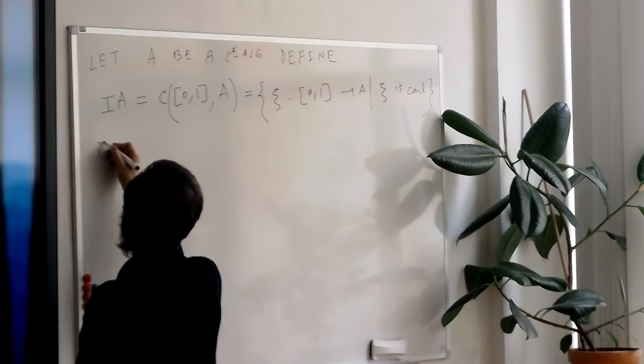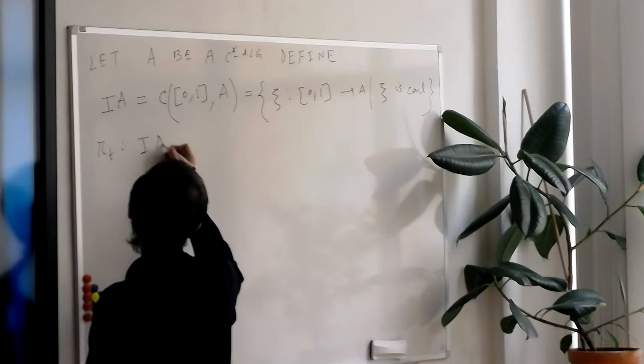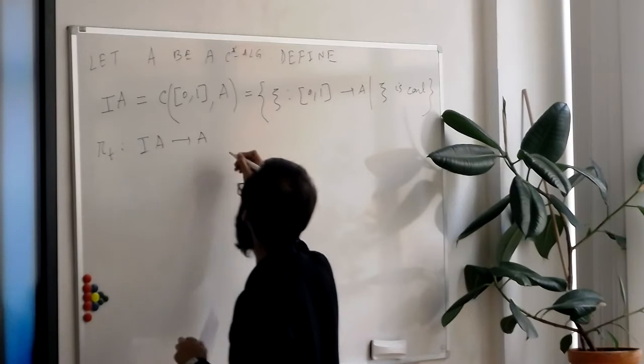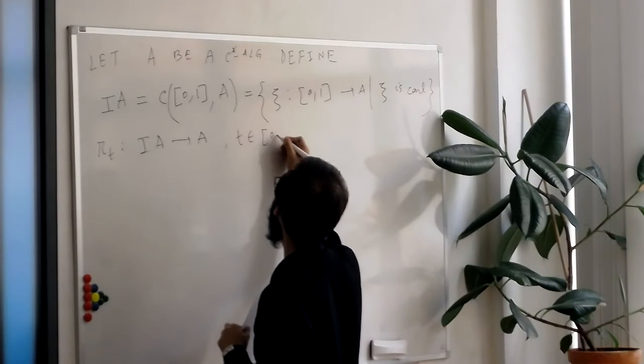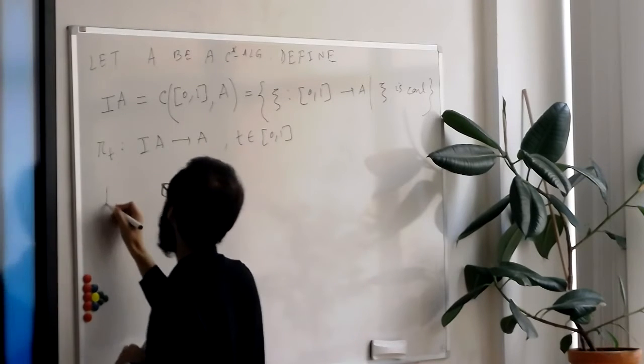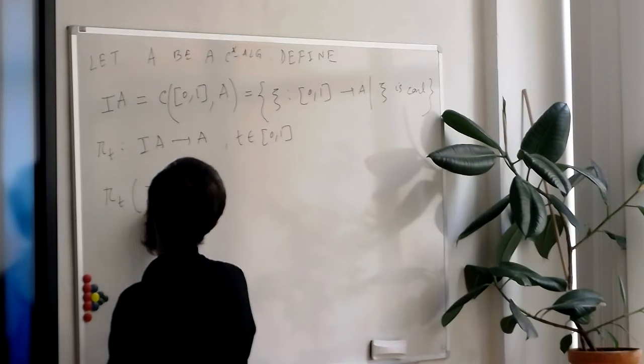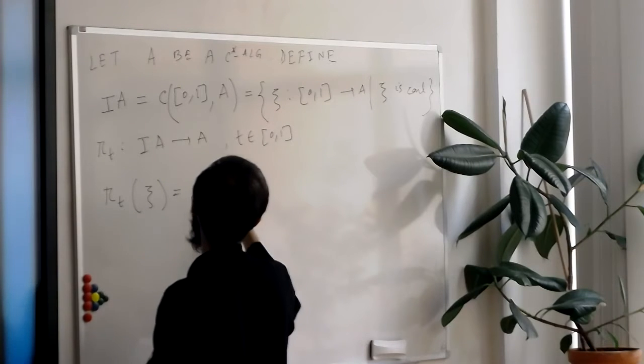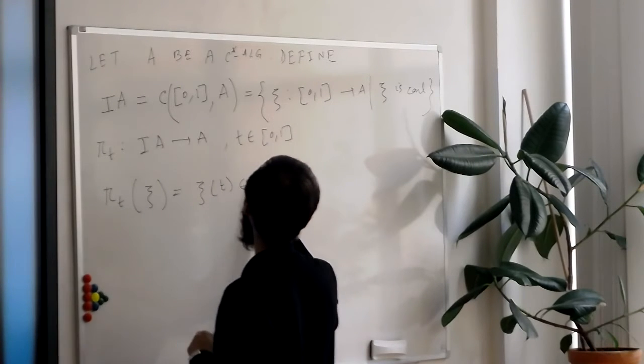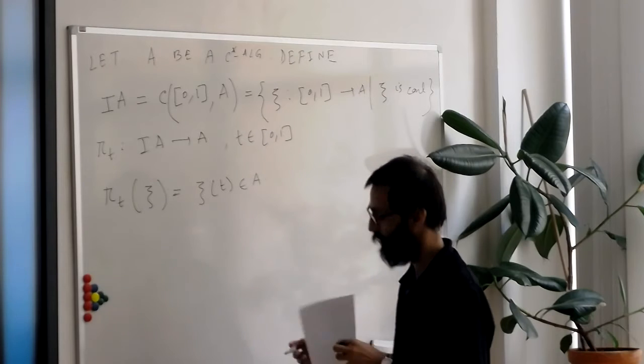So IA comes equipped with surjections for each t in the unit interval: phi_t takes xi and gives you xi(t). These are called evaluations at t.